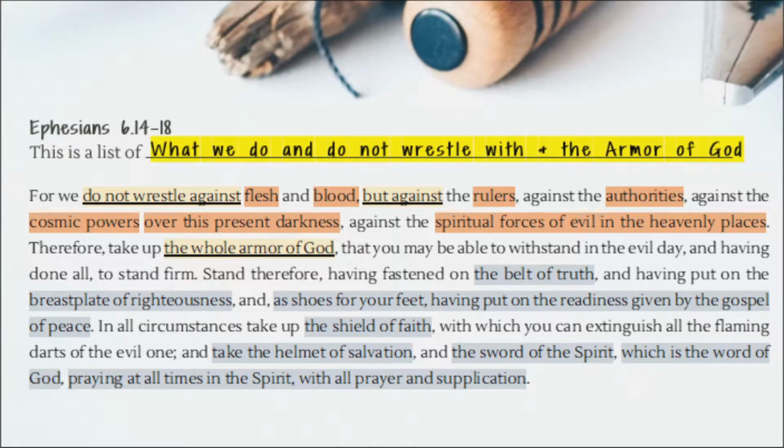Okay, I see a list. It's got to be attached to something, so then you have to try to define what that something is. So I just made it easy and said what you do and do not wrestle with. Just leave it at that. And the armor of God.